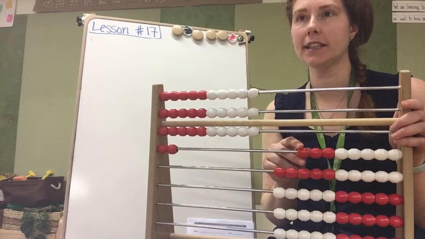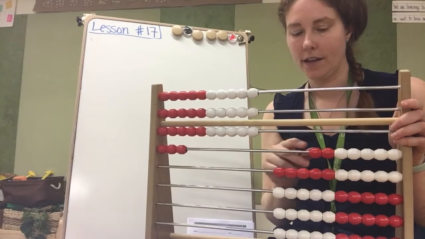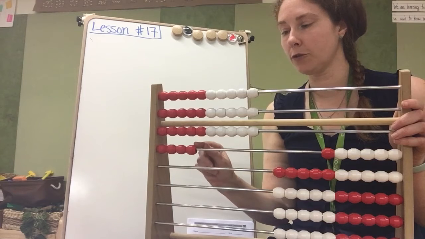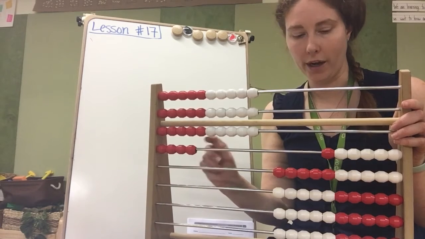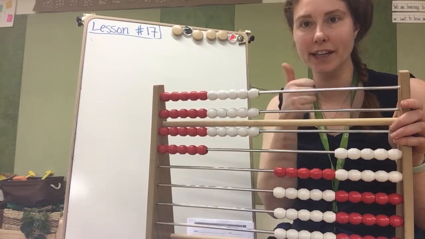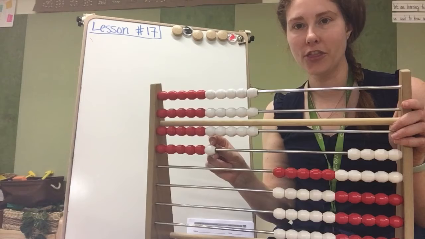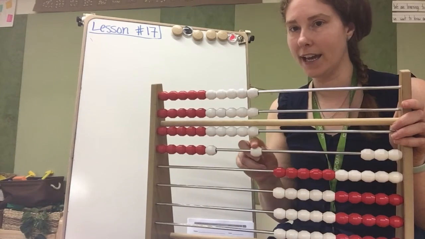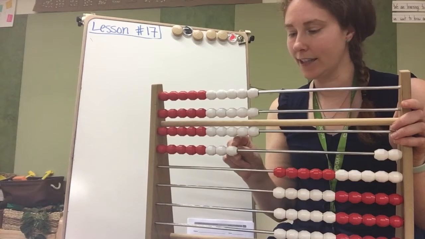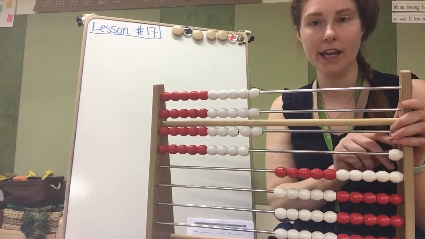Now if we go back to the say tens, it's 3 tens, 3. That's 33. 3 tens, 4, 34. 3 tens, 5, 35. You guys are getting it. Great job. 3 tens, 6, 36. 3 tens, 7, 37. 3 tens, 8, 38. 3 tens, 9, 39.